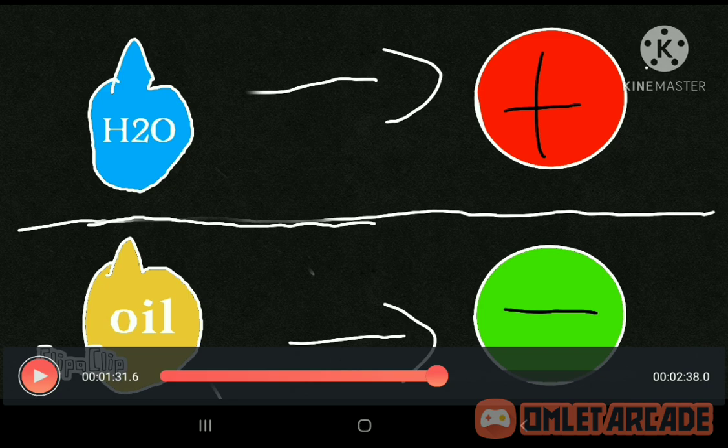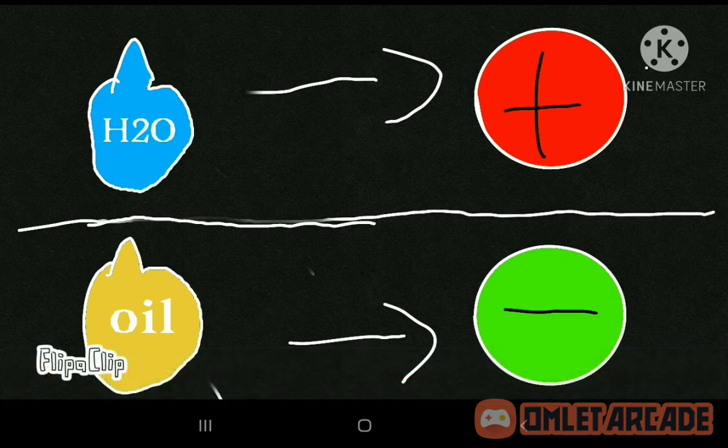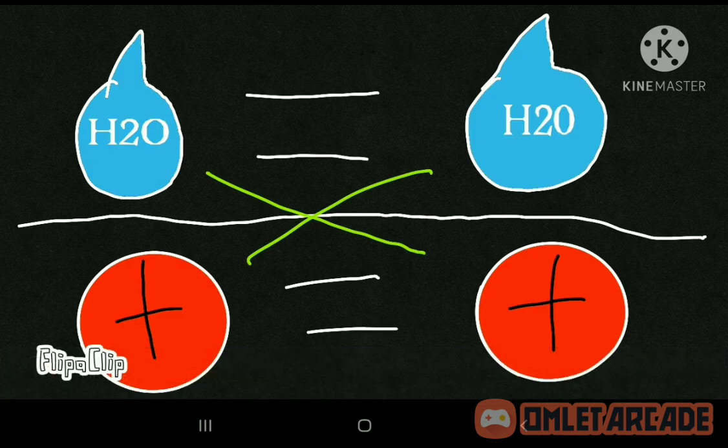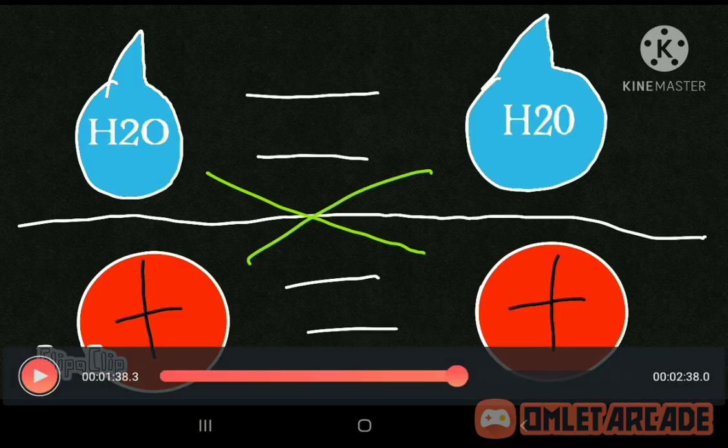Just imagine that H2O, or water, is a positive proton, and the oil is a negative electron. So, as you know, oil and H2O cannot mix. It also happens to the electron with the proton. If you still don't understand, just imagine this. If you mix an H2O with an H2O, or you mix a proton with a proton, nothing will happen actually.